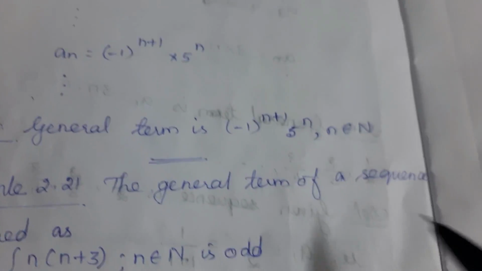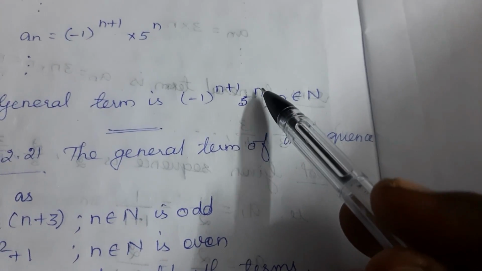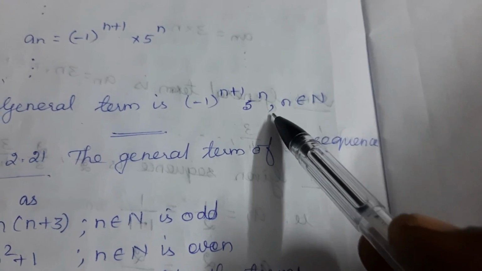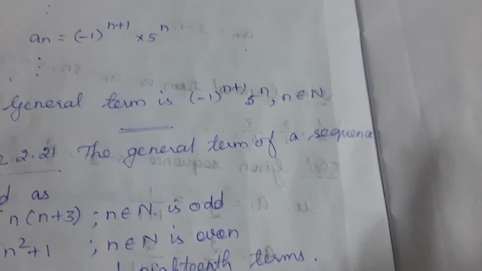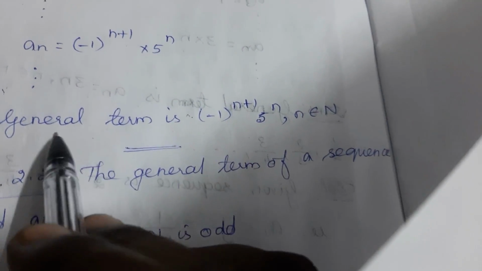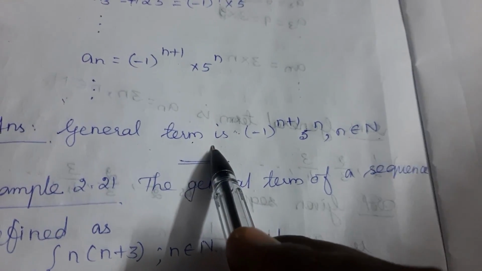So we can write the general term is minus 1 the whole power n plus 1 into 5 power n. Here no need for the multiplication sign, but n belongs to N is compulsory in the final answer. Okay, here writing an is not compulsory. We wrote the general term. General term means it is understood, it is an.